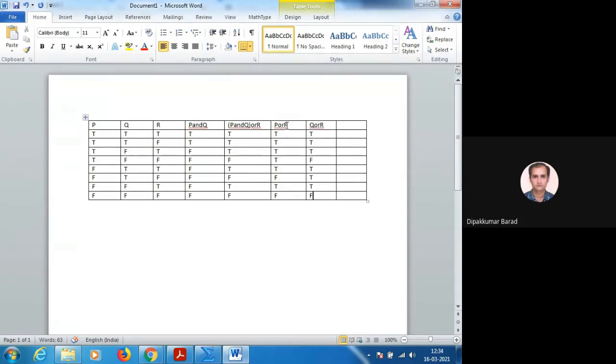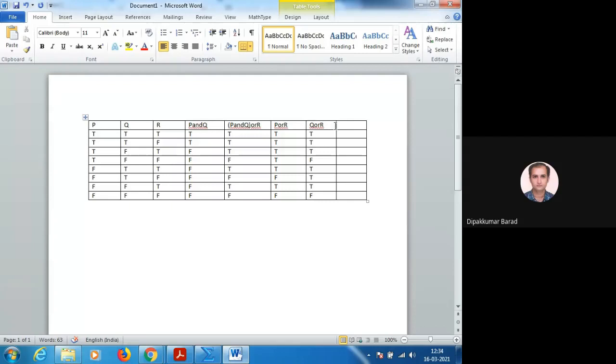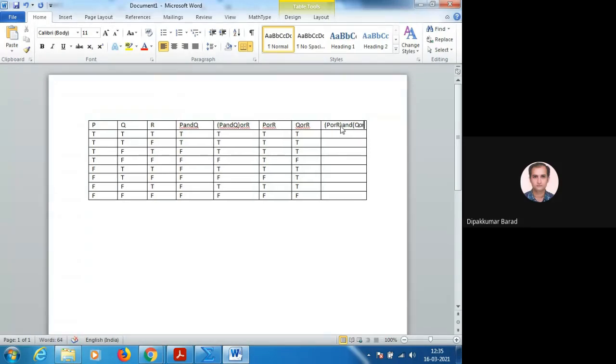Now (P or R) and (Q or R). So now we have these two columns and we want to apply AND.